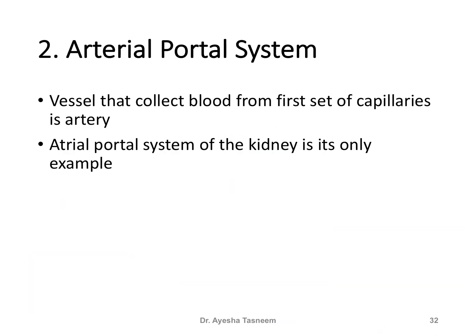Then we come to the arterial portal system, in which the vessel that collects blood from the first set of capillaries is an artery. So this type of portal system is known as the arterial portal system. The arterial portal system of the kidney is the only example.